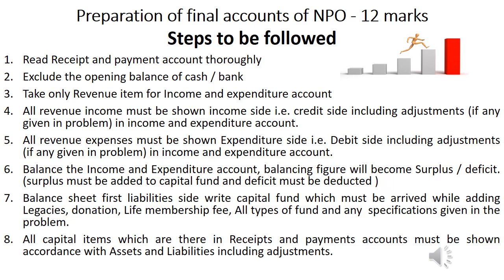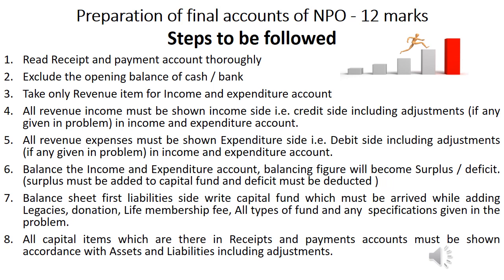Then coming to the balance sheet, on the liability side, first you have to write the capital fund. How can the capital fund be arrived at? All types of funds, legacies, donations, life membership fees, and any specifications given in the problem must be added up. That will become the capital of the NPO, and all other liabilities capital in nature can be entered on the liability side.